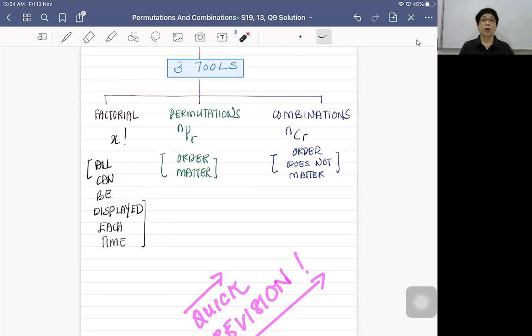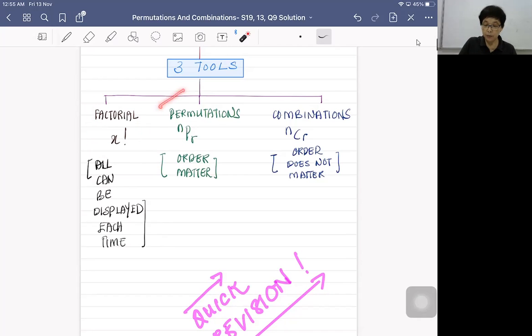You are not limited to choosing only 2 out of the 5. That condition gives you the clue that you will use factorial.